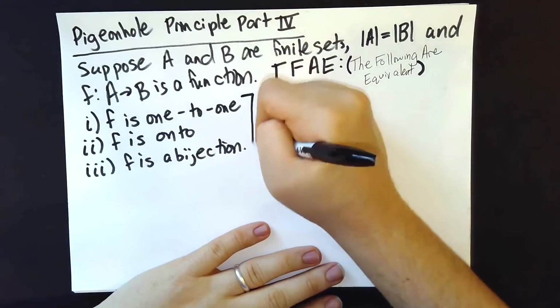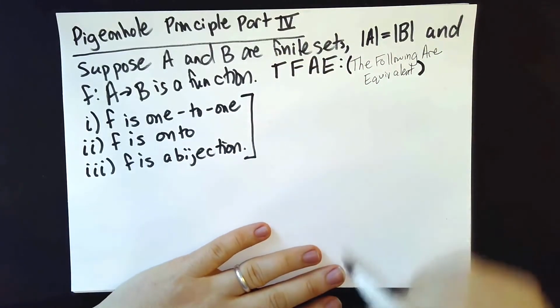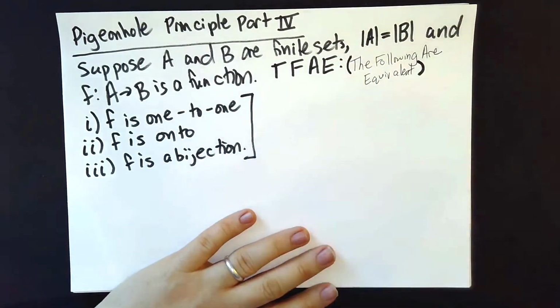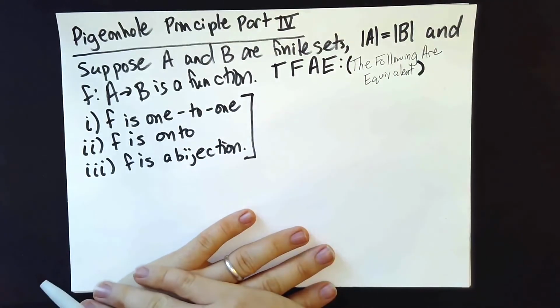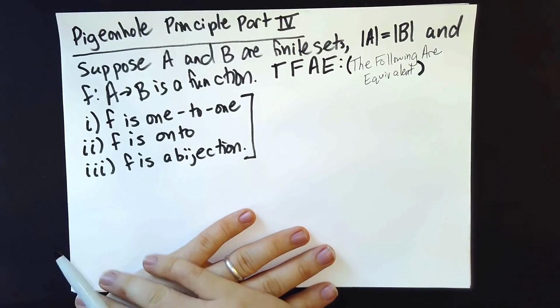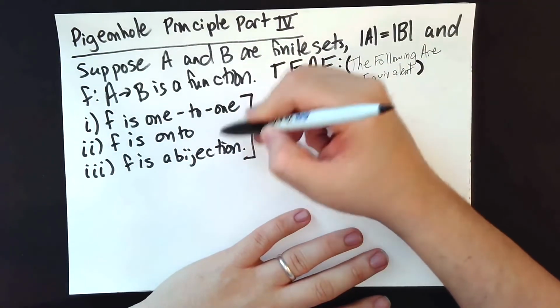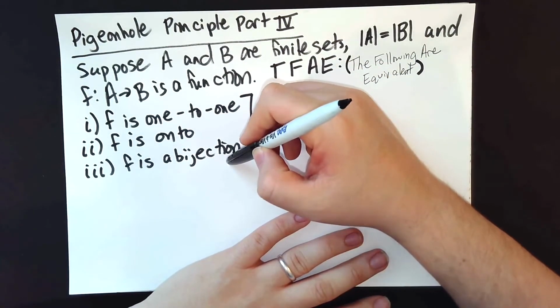Okay, so here are 3 different statements. And we know what each of these statements means. One of them is that f is 1 to 1, one of them is that f is onto, and one of them is that f is a bijection. And when I say the following are equivalent, what I'm saying is every pair of these statements is logically equivalent.